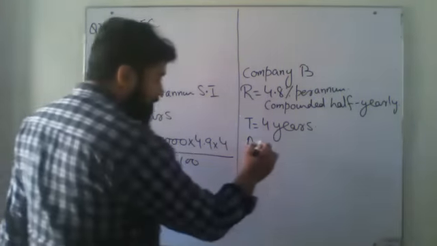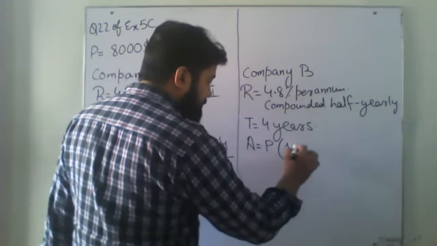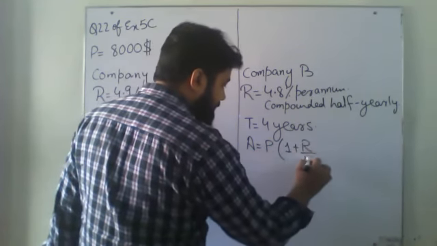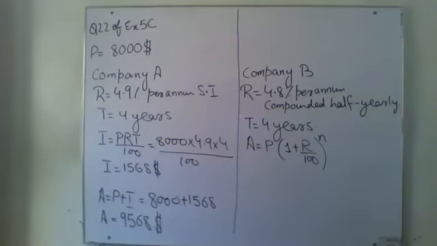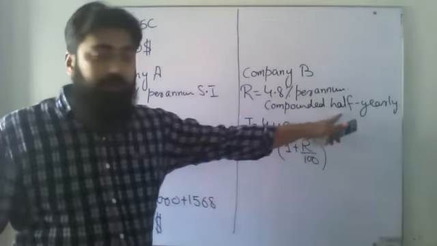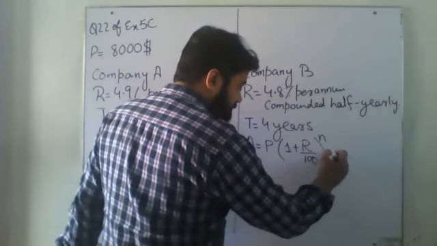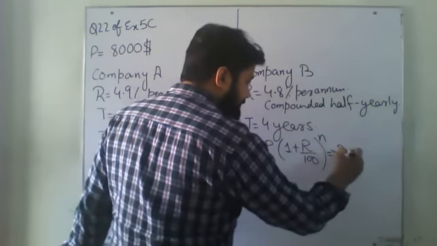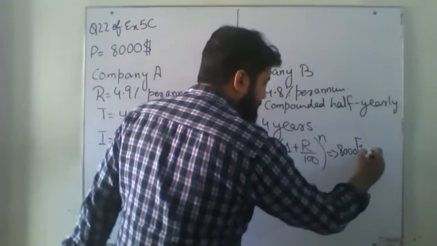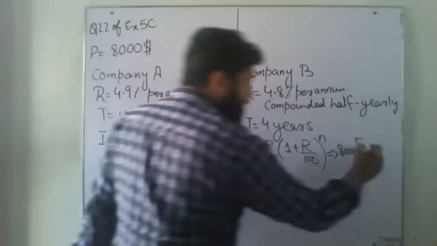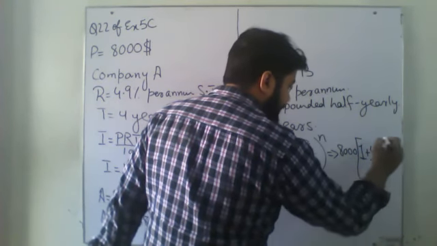The formula for compound interest will be P(1 plus R over 100) whole power n. Now they are saying it is compounded half yearly. So what will I do? P will be 8,000, 1 plus R, which is 4.8, divided by 100.